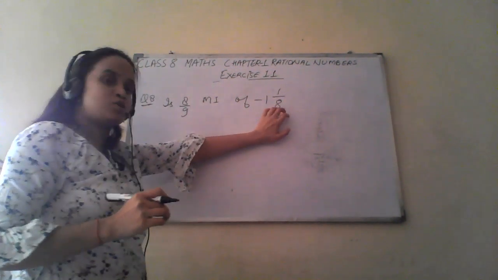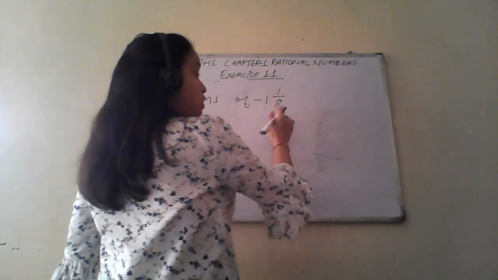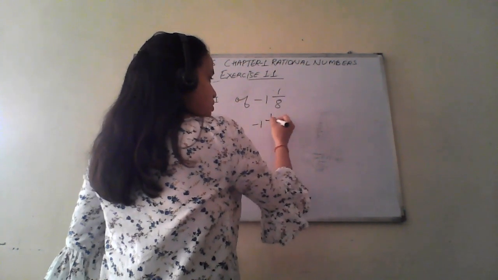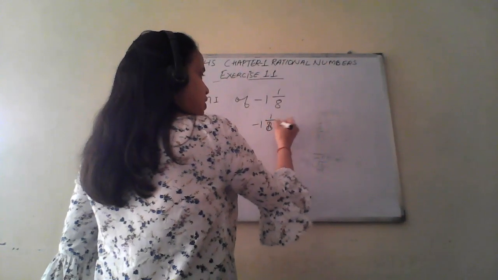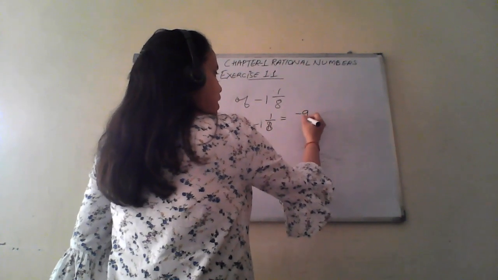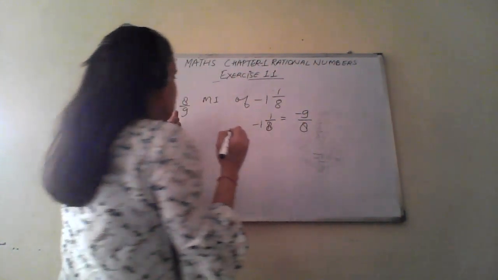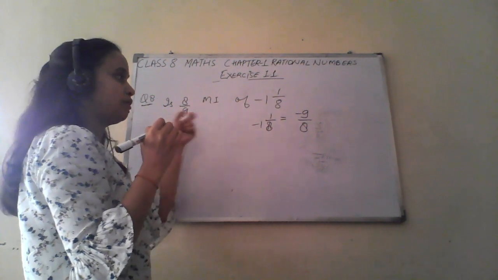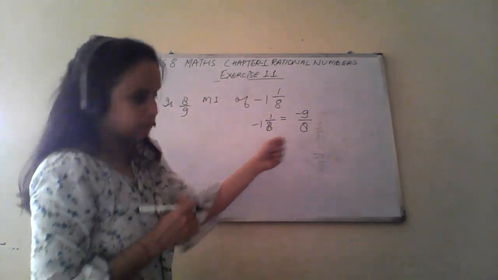Now if we change into simple fraction form, what will it become? Minus 1 whole number 1 by 8 is nothing but minus 9 upon 8. We have to check whether this is multiplicative inverse of this or not.